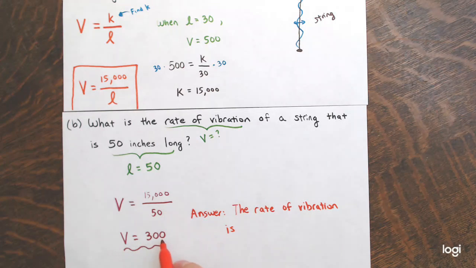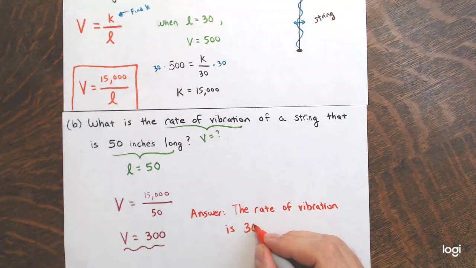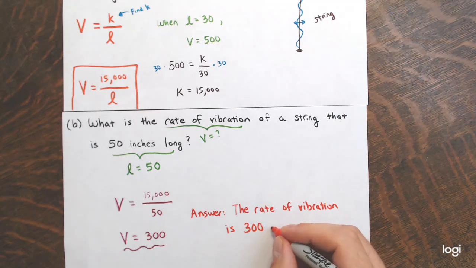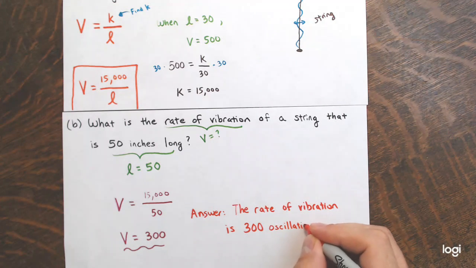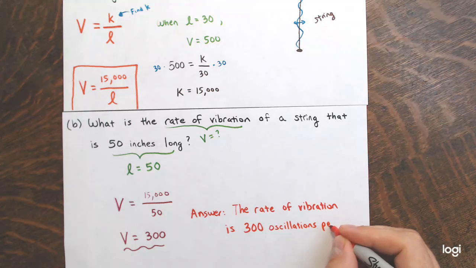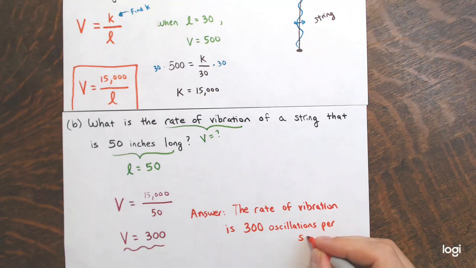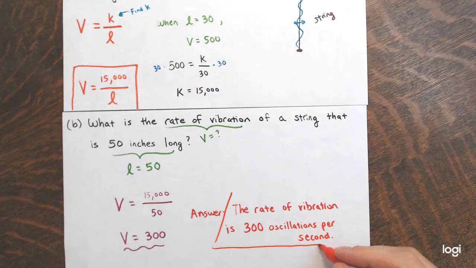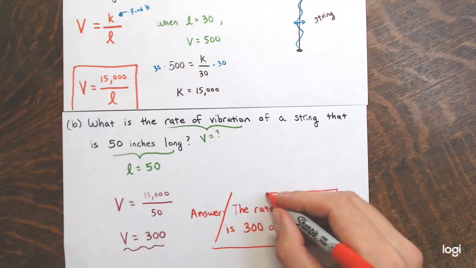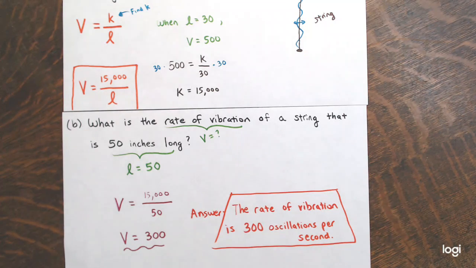That was this V, which is 300. And what were the units on V? That was oscillations per second. It vibrates back and forth 300 times per second. And that's, again, if I was given this in a homework exercise or as part of a test, how I would be answering that question.